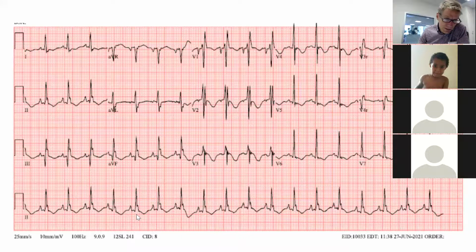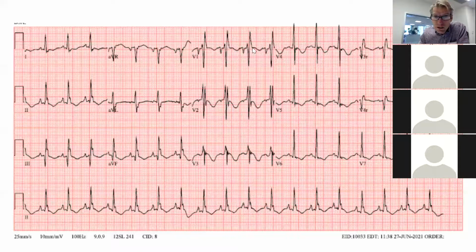Now, next thing, what should we look at? Perhaps the QRS duration. Up here, you can see the duration quite well, I suppose. So 1, 2, at least 3 millimeters.